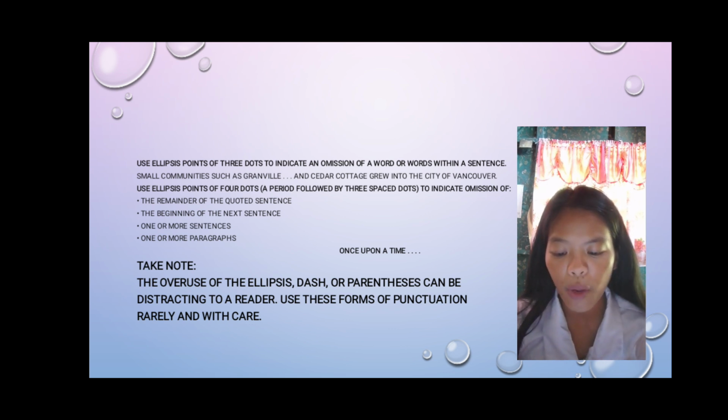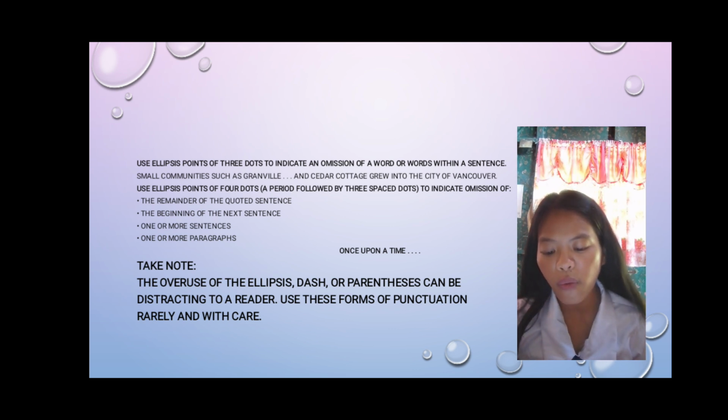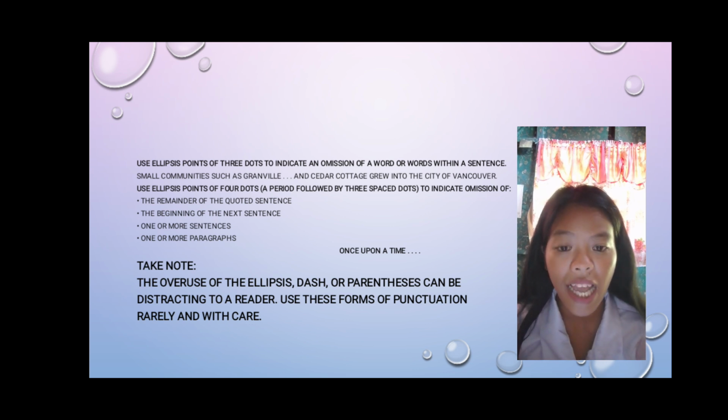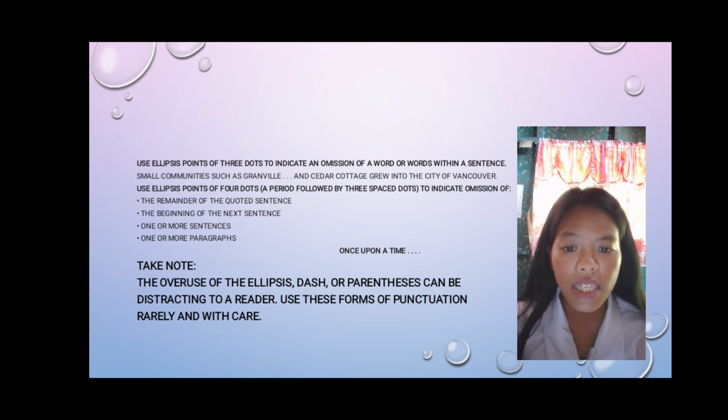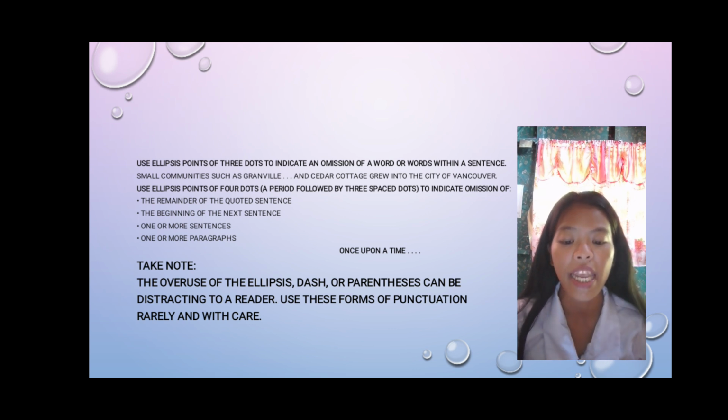Use ellipsis points of four dots, a period followed by three spaced dots, to indicate omission of the remainder of the quoted sentence, the beginning of the next sentence, one or more sentences, or one or more paragraphs. Take note that the overuse of the ellipsis, dash, or parentheses can be distracting to a reader. Use these forms of punctuation rarely and with care.